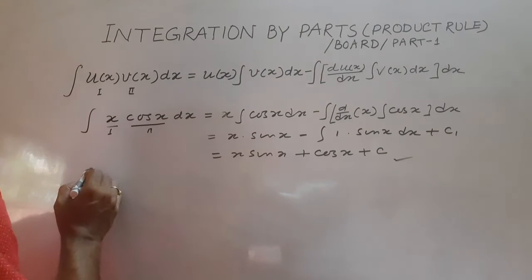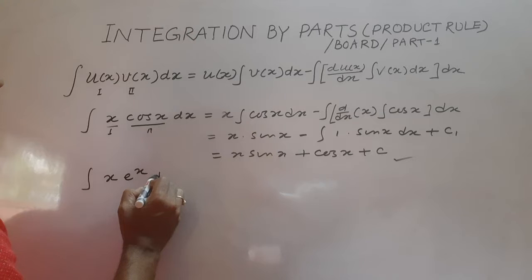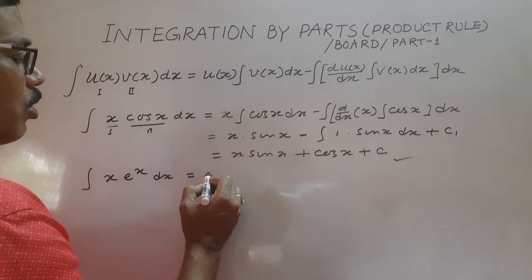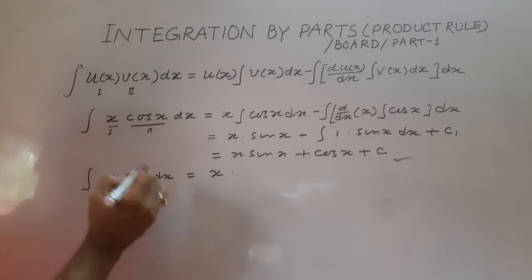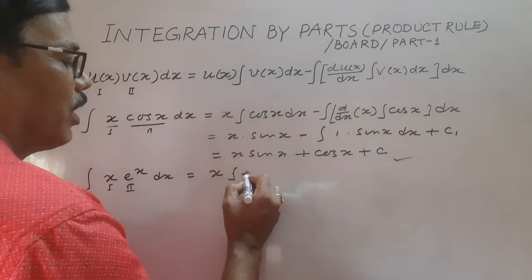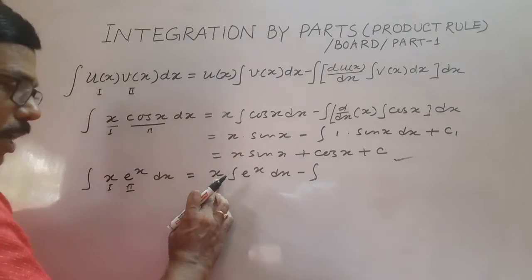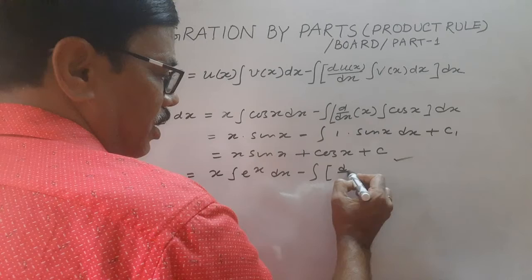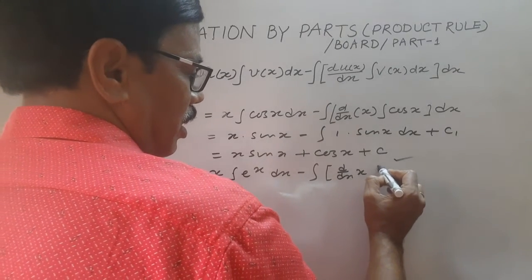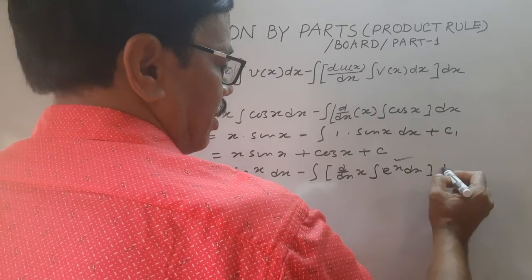Similarly, if we take x into e to the power x dx. Look, the derivative of x is 1. So we consider this as the first function and this as the second function. Then use the formula: first function unchanged, integration of the second, minus the integral of d/dx of the first into the integration of the second, total integration.